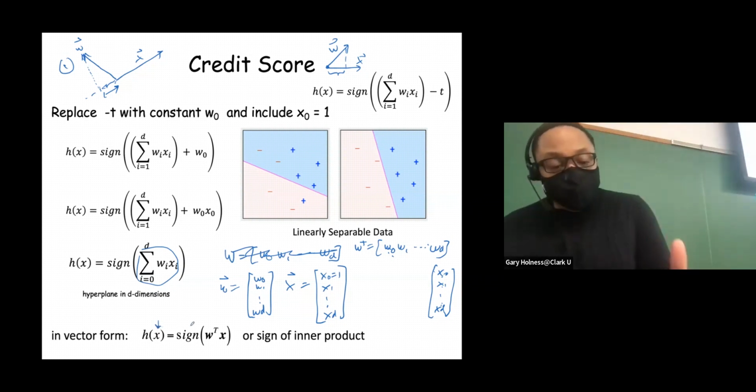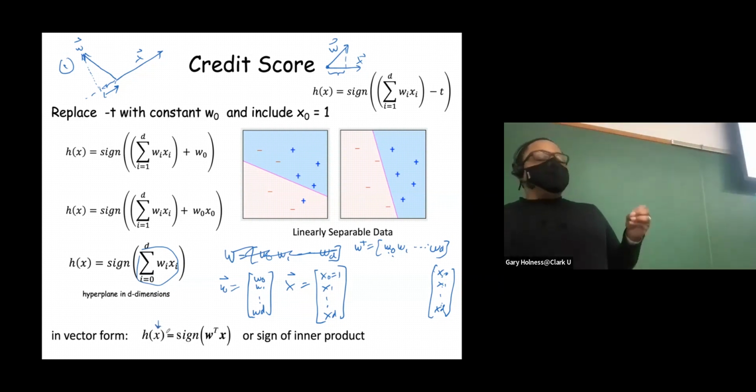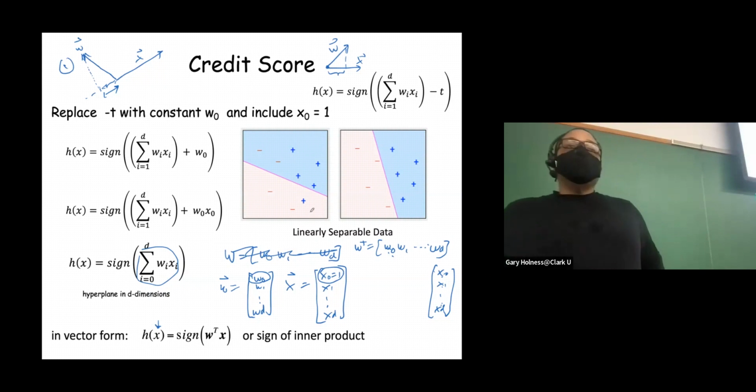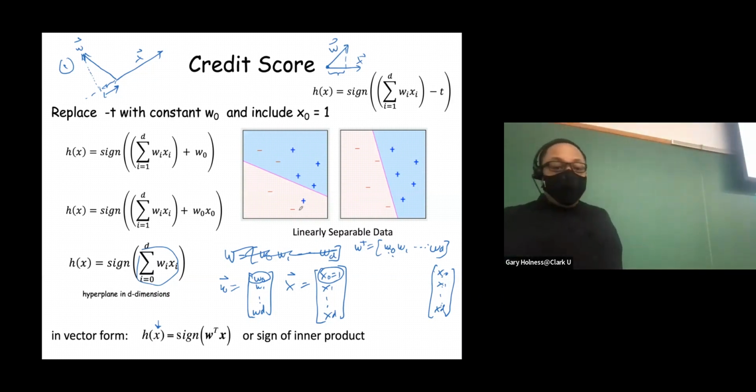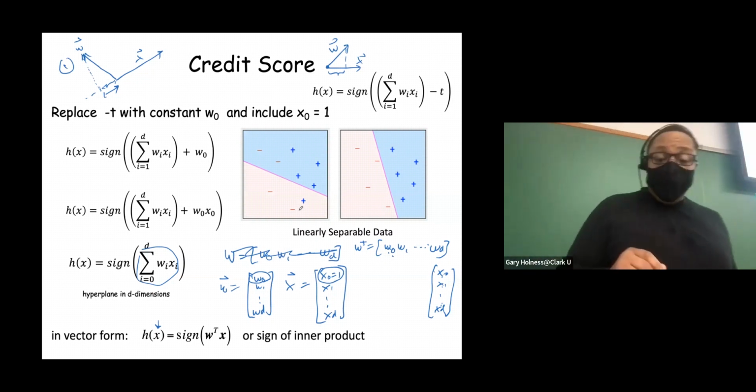But in order to compute this W transpose x, it must be the augmented version, where we augment with the W naught to absorb that threshold t and the x naught so that the vector is of the same rank as our weight vector. Does that make sense? Any questions at all? No? All right. We will have a little crash course on linear algebra, but I was hoping to defer that to the conversation on regression.